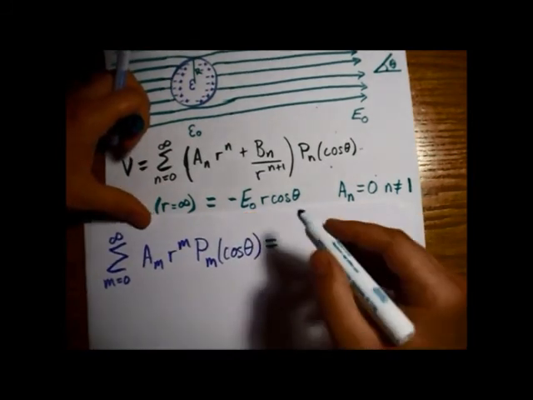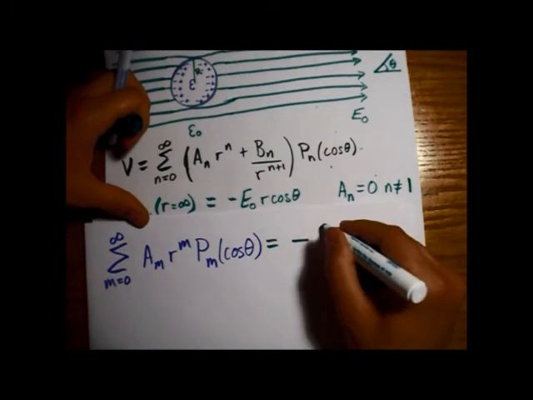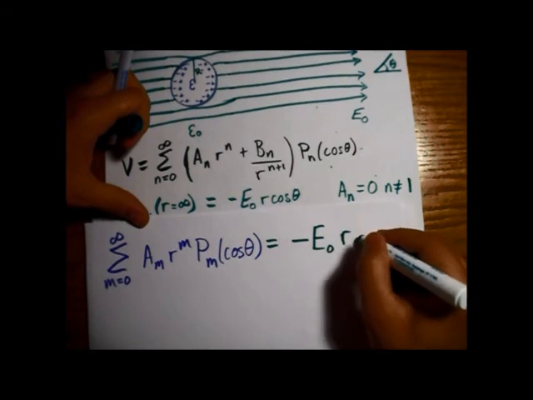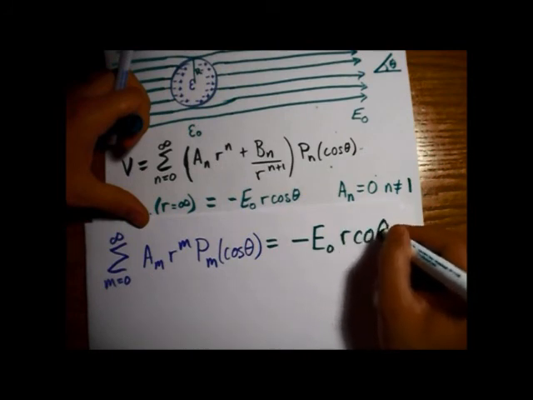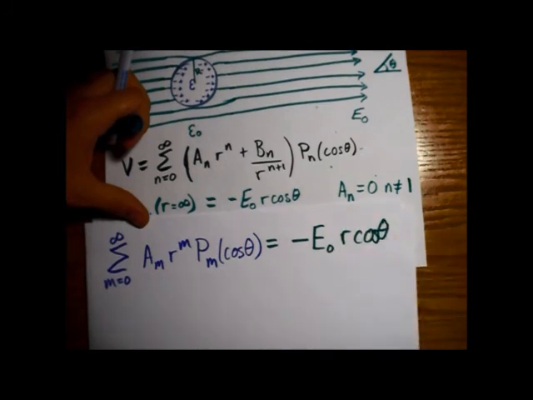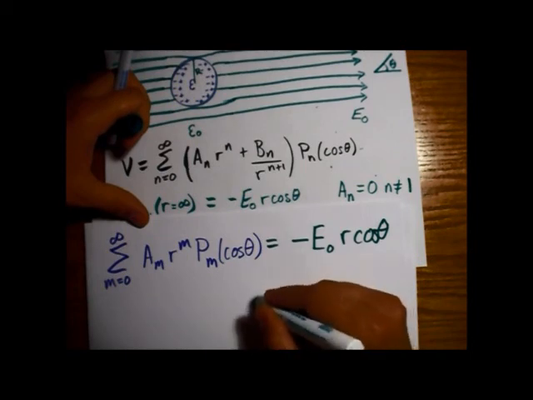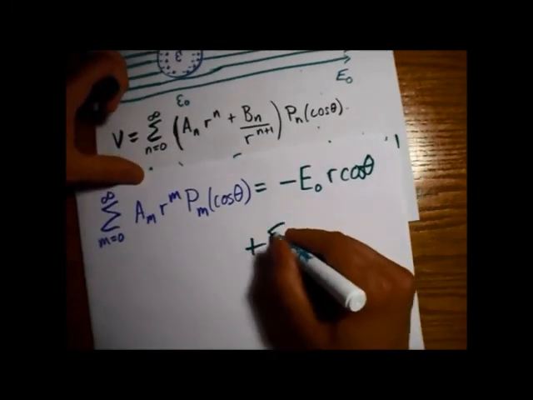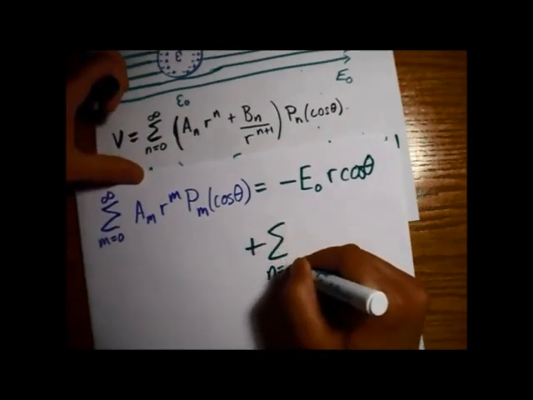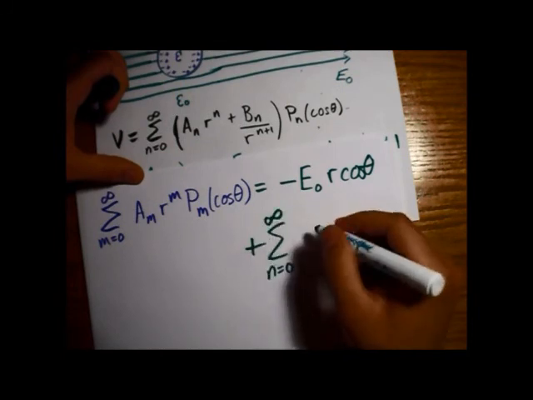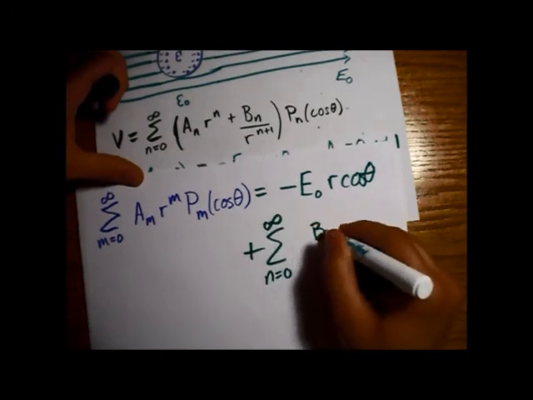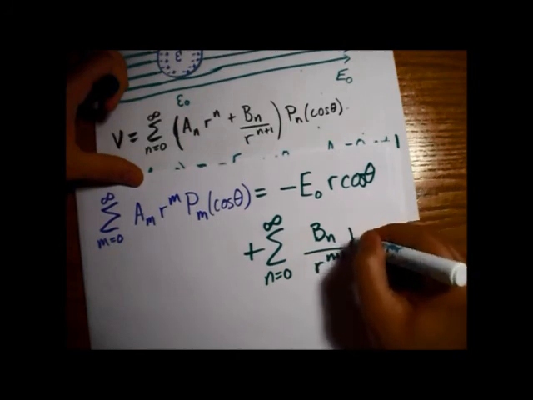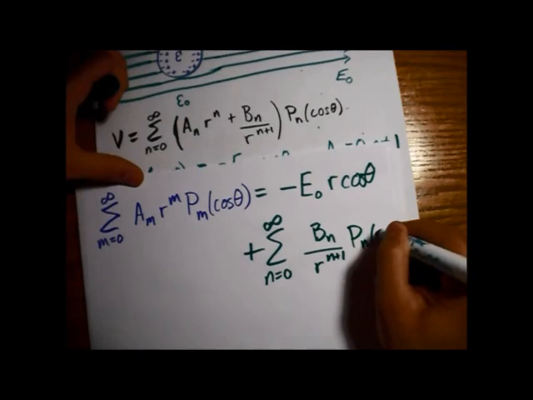So I'm going to write that term out here in front, so we don't get it confused with the rest of the sum. So this added to a sum over n equals 0 of B sub n over r to the n plus 1 times the Legendre polynomial.